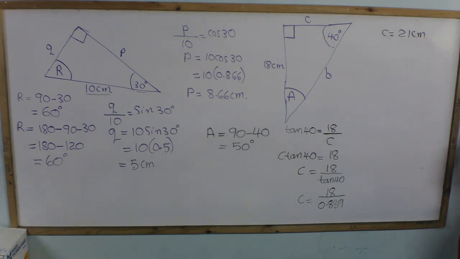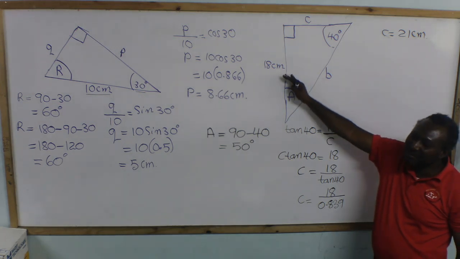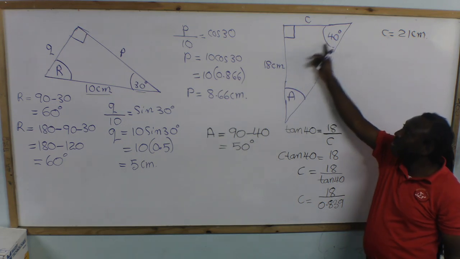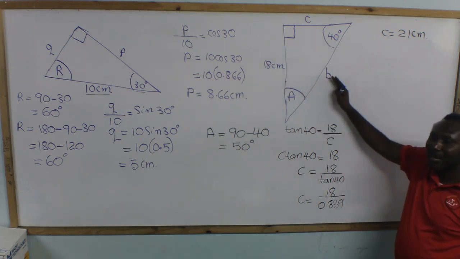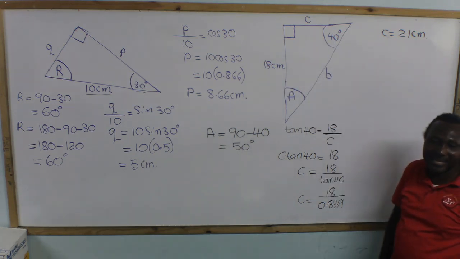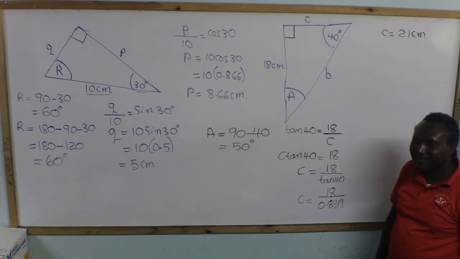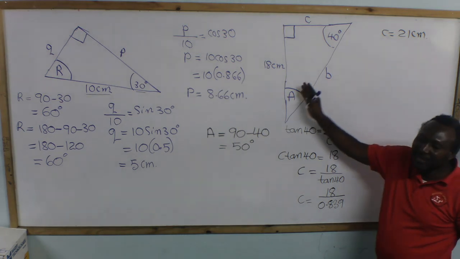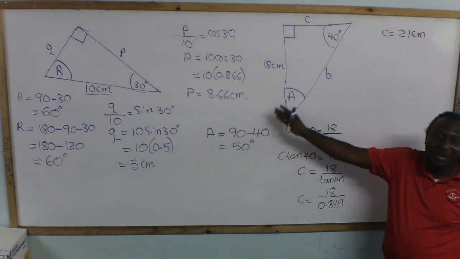B. Okay. B is the hypotenuse, and the known side is opposite to the known angle. So this is opposite and this is hypotenuse. What trig ratio is that? Sine. Now, sine is equal to what?